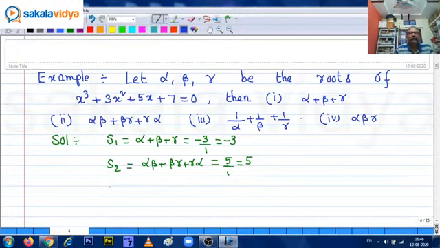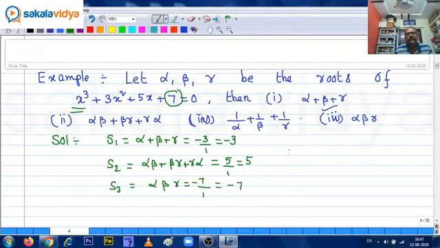First let us find this one. S3 is equal to alpha beta gamma. Alpha beta gamma means the constant term by the x cube coefficient, with a negative sign, minus 7 by 1, minus 7. Next, the fourth one you need to find is 1 by alpha plus 1 by beta plus 1 by gamma.